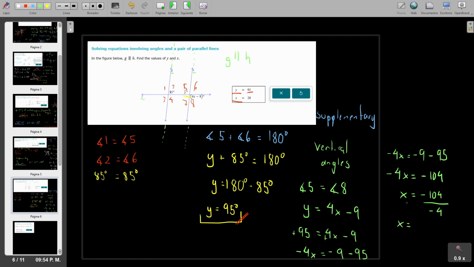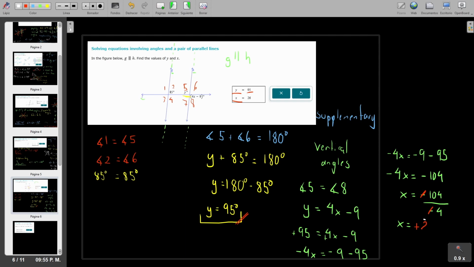X is going to be, remember, because the signs are not the same, they cancel each other, so it's going to be a positive number. Minus over minus is positive, so it's going to be 104 over 4. It gives us 26.